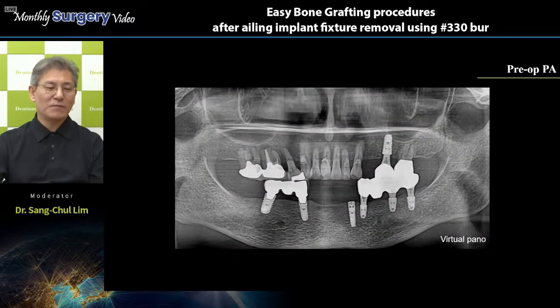This is the pre-op panoramic view. One implant is buried, with a slit on the number 33 area. It teaches us a lot of history about this lower anterior, right?